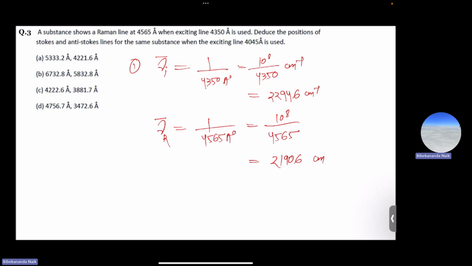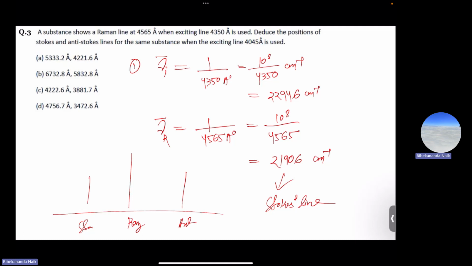Now you see the wave number of incident light is greater than the wave number of Raman line. So according to the previous discussions, this line will be the Stokes line, because in Raman spectra, first Stokes lines appear, then the Rayleigh line or the incident line, and then anti-Stokes line, where this is the centimeter inverse or 1 by lambda units. So this is the Stokes line.